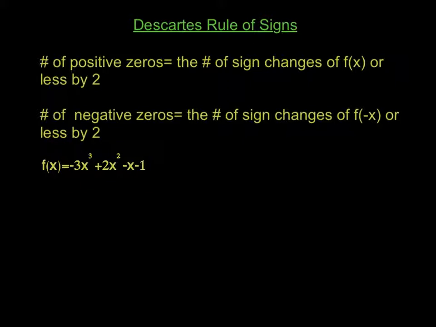So if I look on my f of x, I'm going to use that to find my positive zeros. I'm going to look for sign changes. I went from negative to positive. That's one sign change. Positive to negative. And then negative to negative is not a sign change. So that's 2 sign changes. Or whatever number I give you here, you're going to keep subtracting 2 until you get to a number that's 0 or higher.